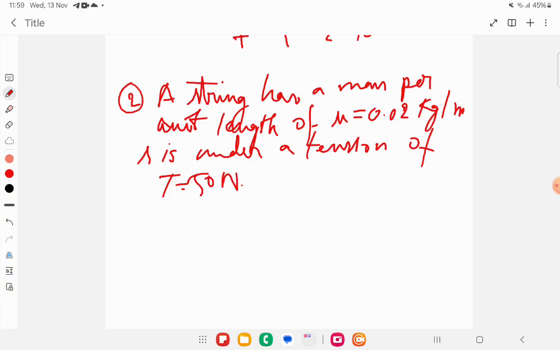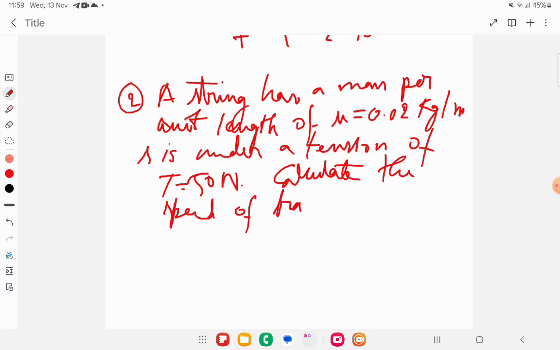Calculate the speed of the transverse wave on the string.